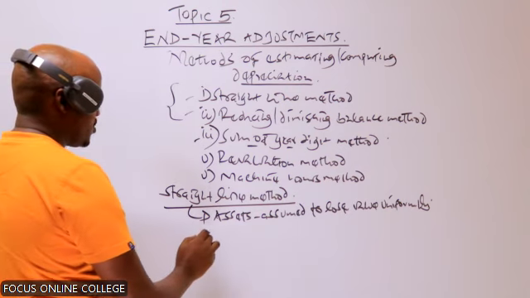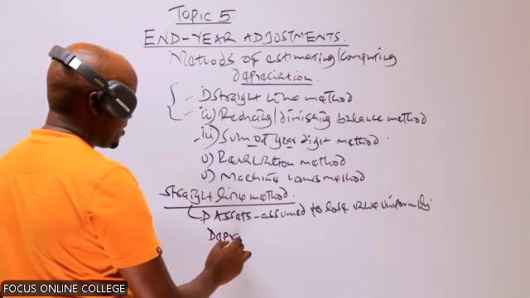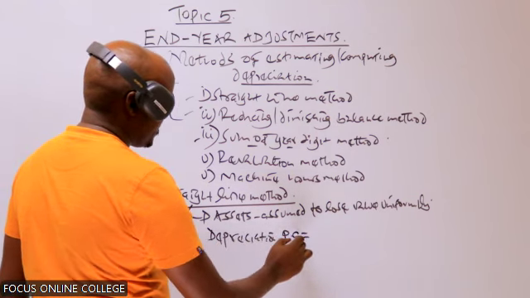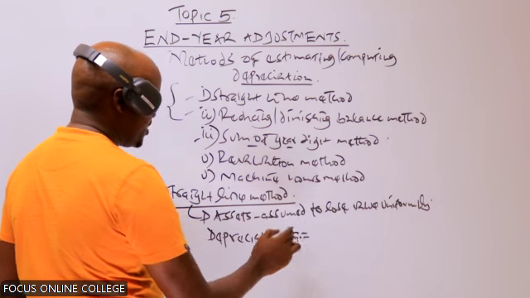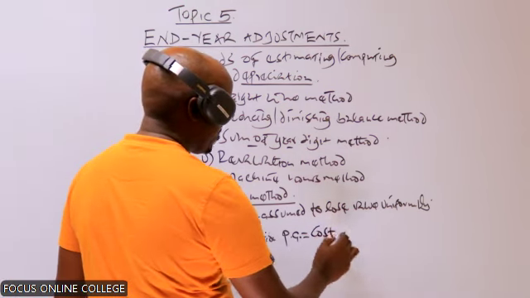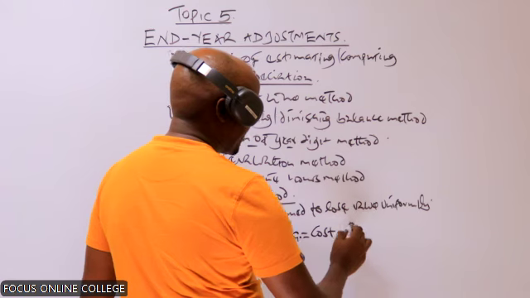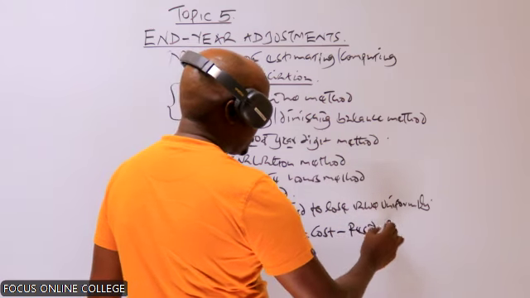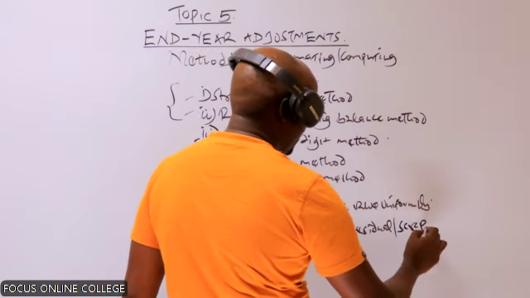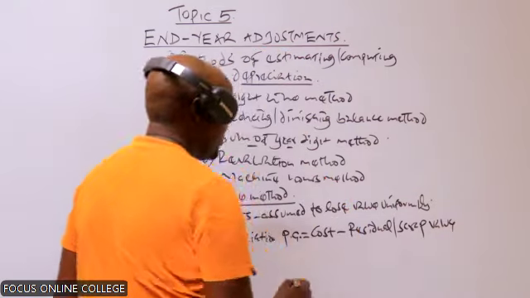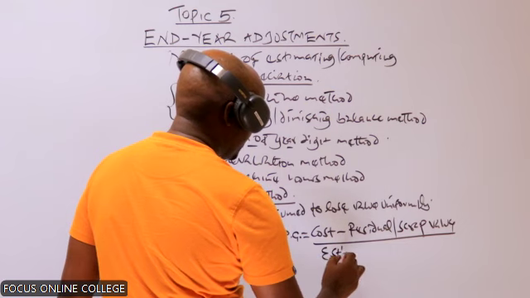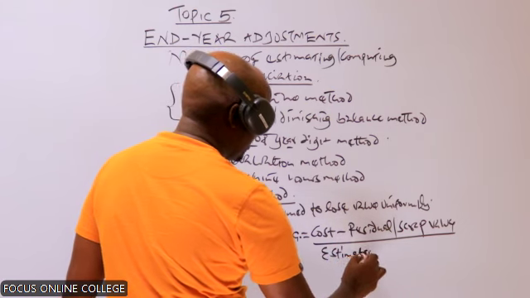Therefore, to compute the depreciation per annum, that is the depreciation for each year, we take the cost of the asset minus the residual value, which is also known as the scrap value. We divide this with the estimated useful life.